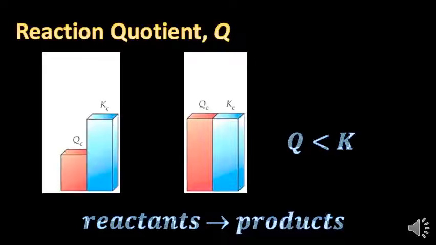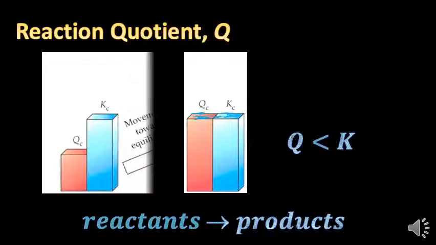Well, let's think about it. Let's look at these two, K and Q. We want them to be equal. That's our end game goal. How am I going to get these to be equal? Who's got to go down?